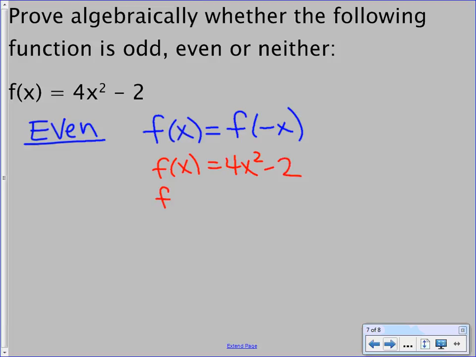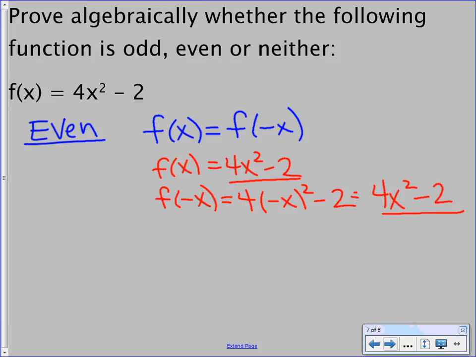And we know f of negative x would be, wherever there's an x, I'm plugging in a negative x. What does that simplify down to? What's negative x quantity squared? x squared. So this is 4x squared minus 2. Since these are the same, this would be considered an even function.